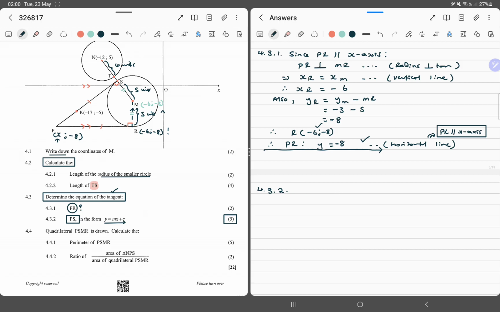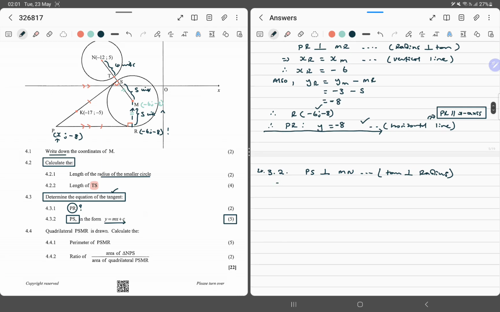We will know that PS is perpendicular to MN. Which we know is that the tangent is always perpendicular to a radius. So this implies that the gradient of PS multiplied by the gradient of MN must be -1. That's just the law. There's nothing you want to say about it.